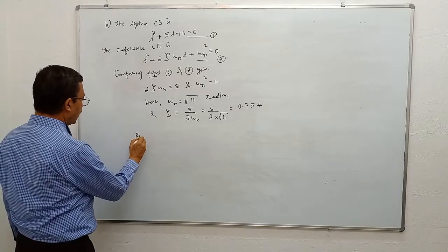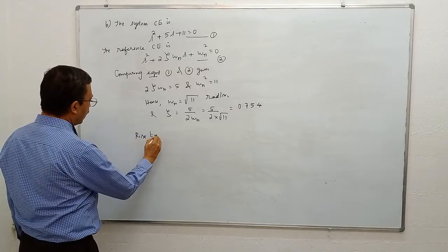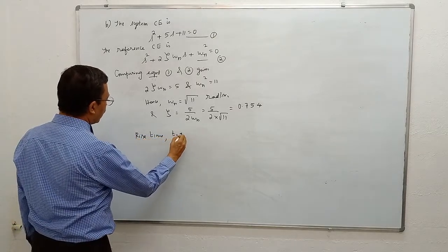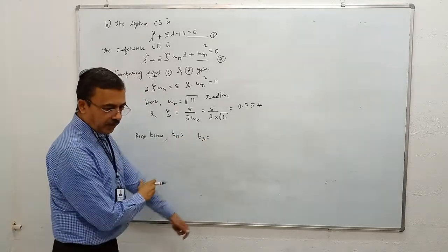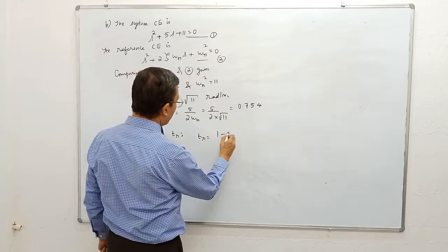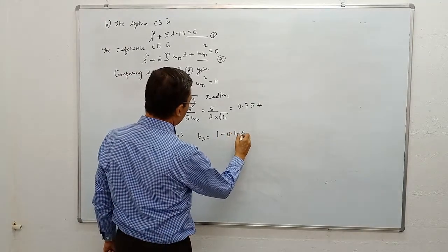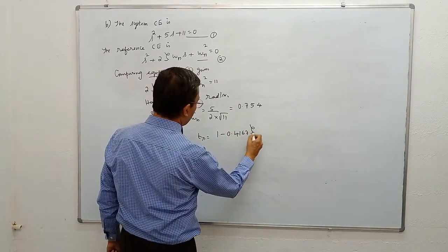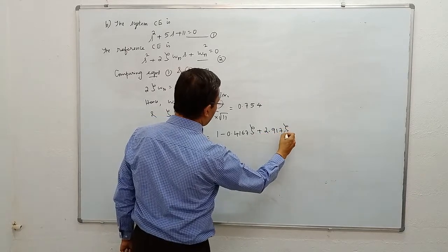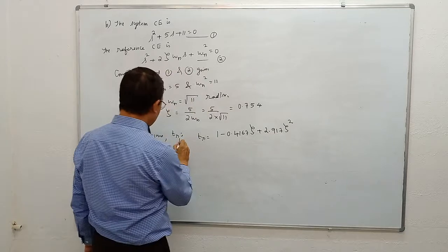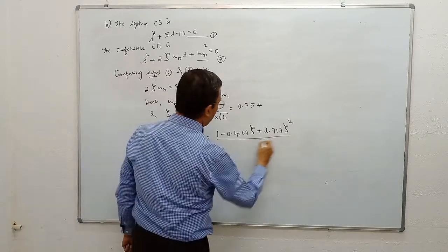Next is rise time, Tr1. The formula for Tr1 is 1 minus 0.4167 zeta plus 2.917 zeta square, divided by omega n.